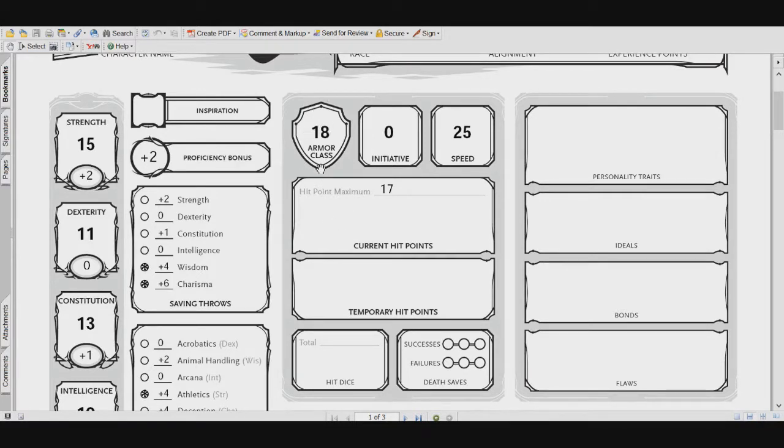Now, where do I get that number? If you're looking at the player's handbook or what have you, where it will say your armor class, let's say this character's wearing leather armor. It would be 11 plus your dexterity. However, my character has no dexterity, so I want to wear heavy armor, which just does the job of protecting for me.